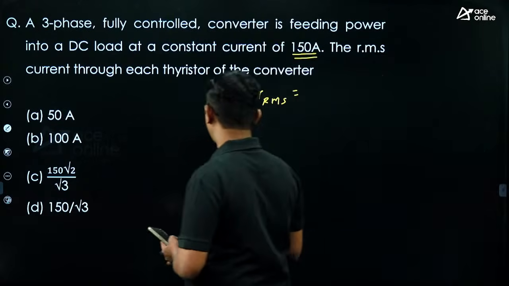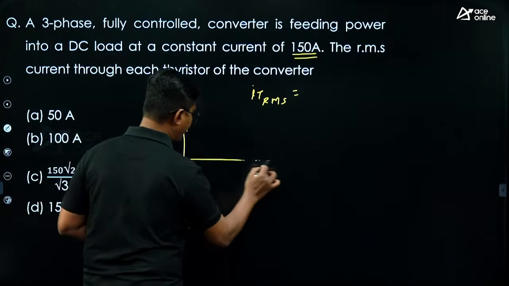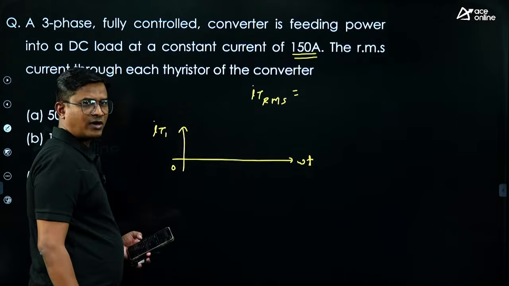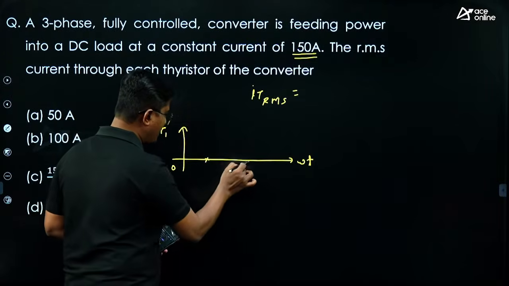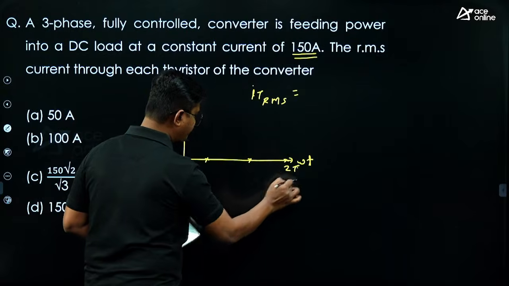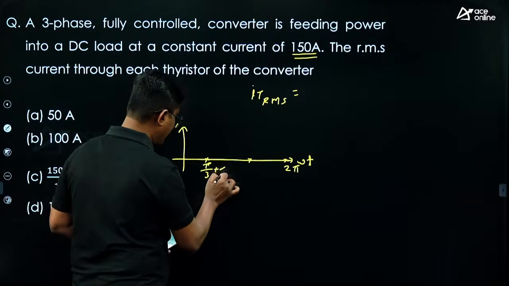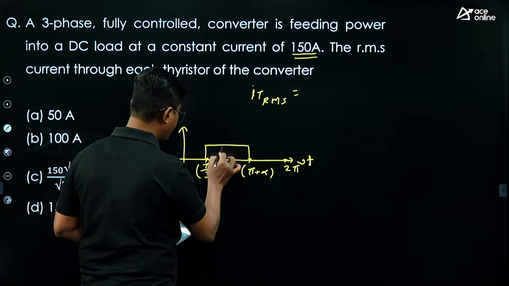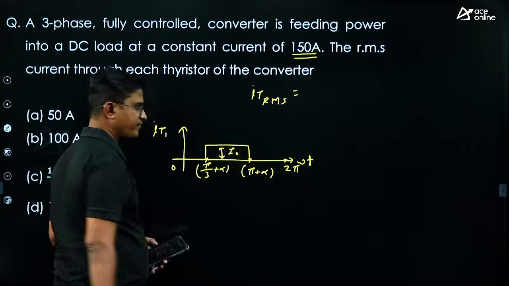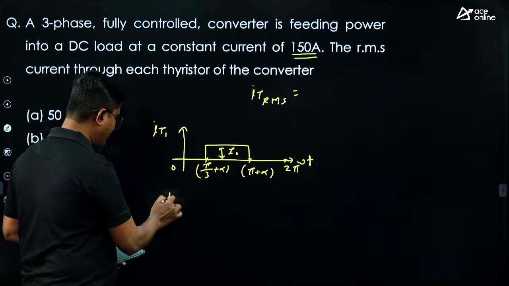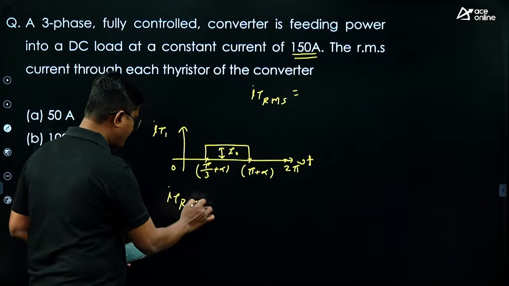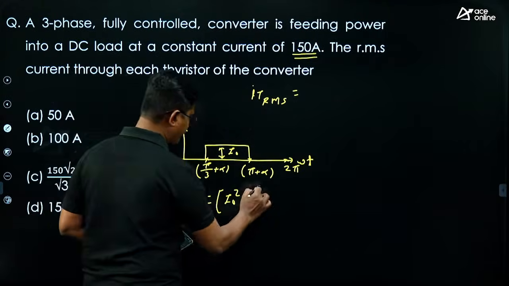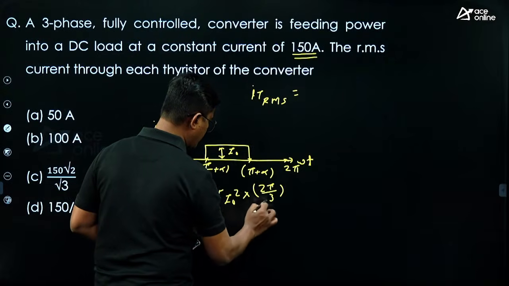If you see my IT waveform, even during our sessions we have drawn this waveform. This is omega t, 0. Let me draw IT1. It goes from pi by 3 plus alpha till pi plus alpha, out of 2 pi. When the thyristor is in the on state, the load current flows through it. For this waveform, IT RMS equals the square root of amplitude square times function duration 2 pi by 3 over periodicity 2 pi.